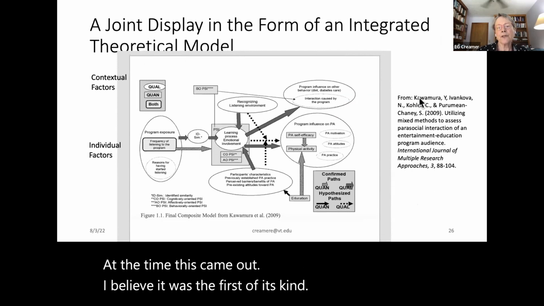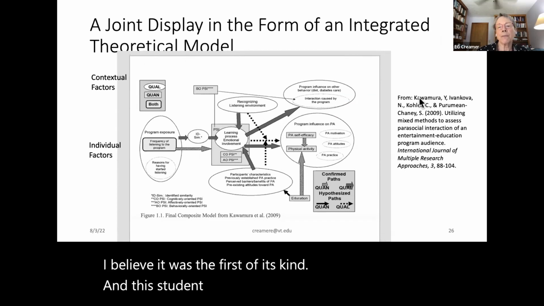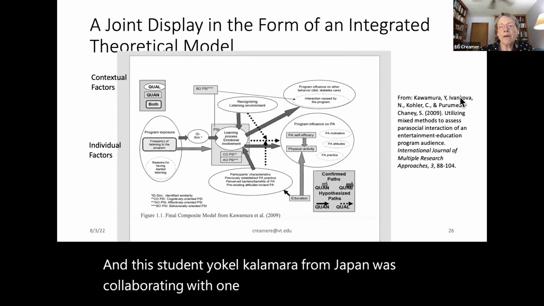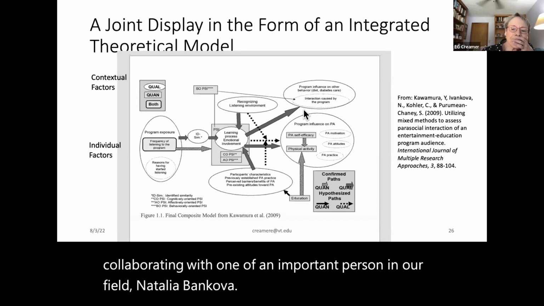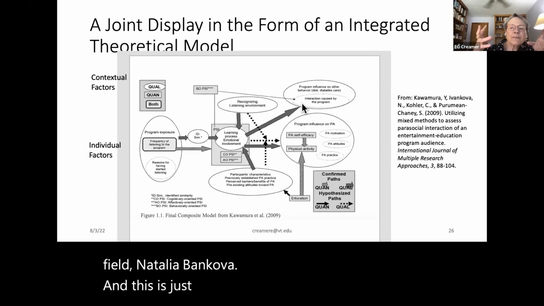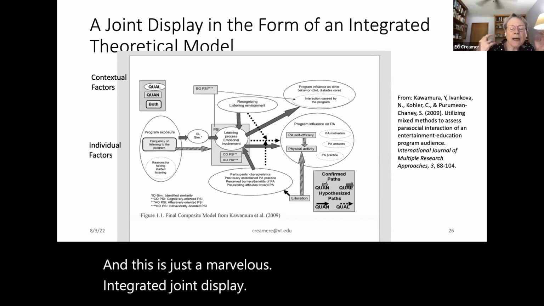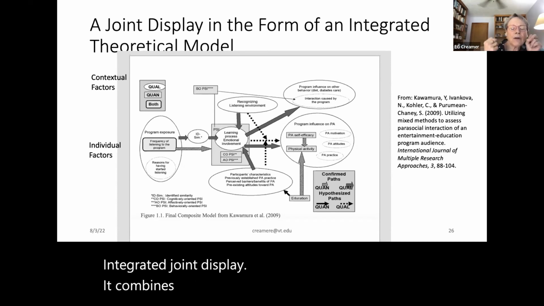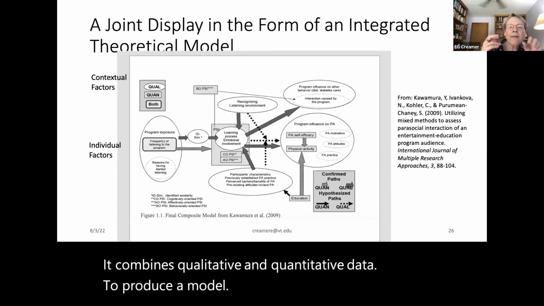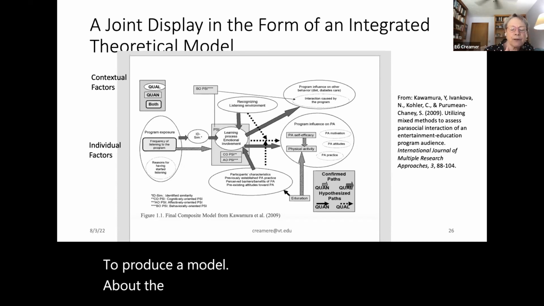And this student, Yoko Kawamura from Japan, was collaborating with an important person in our field, Natalia Ivankova. And this is just a marvelous integrated joint display. It combines qualitative and quantitative data to produce a model about the effect of an intervention.